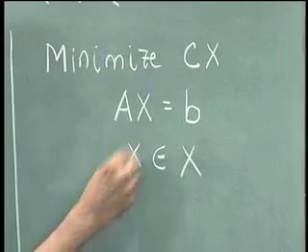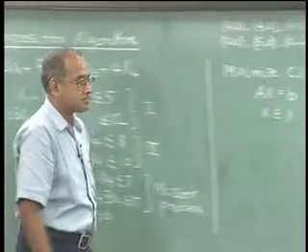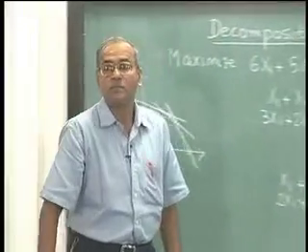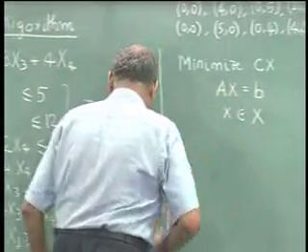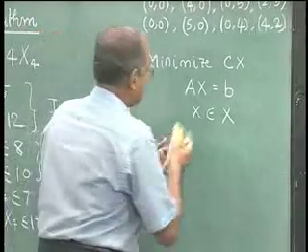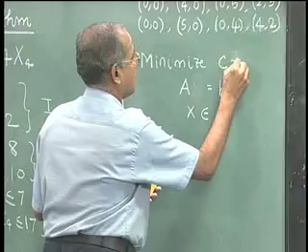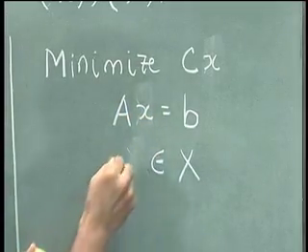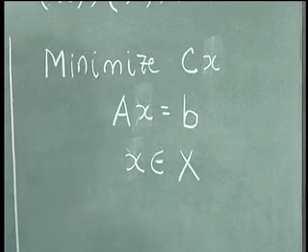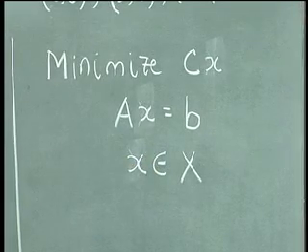I also have to explain what is this x and what is this X. So, we could use, let us call this some small x, minimize Cx, Ax equal to b, x belongs to X. Let us use this notation that way.